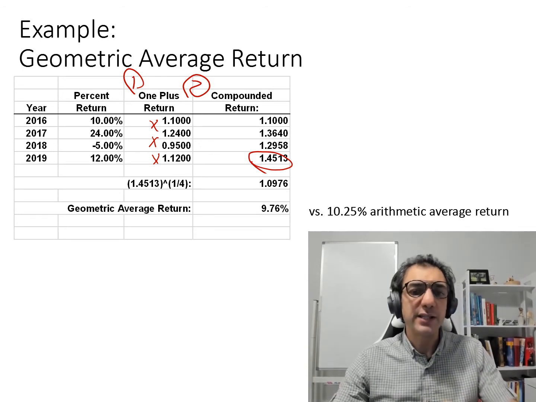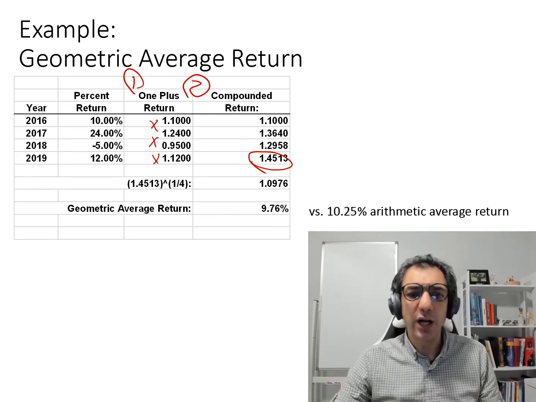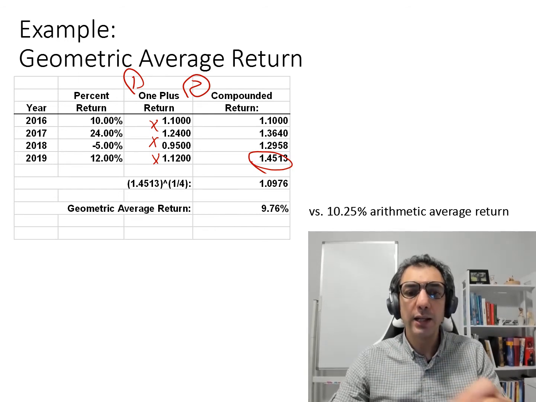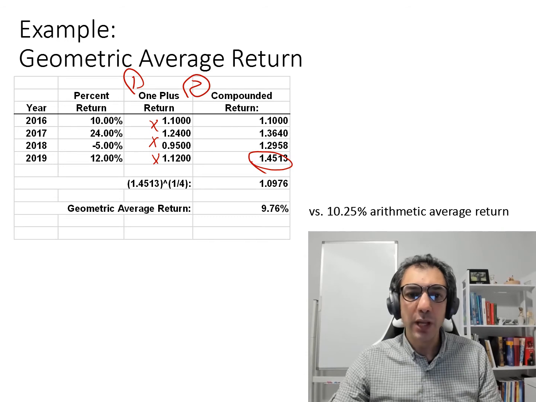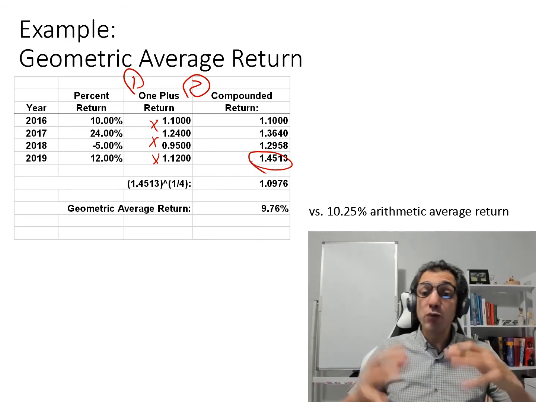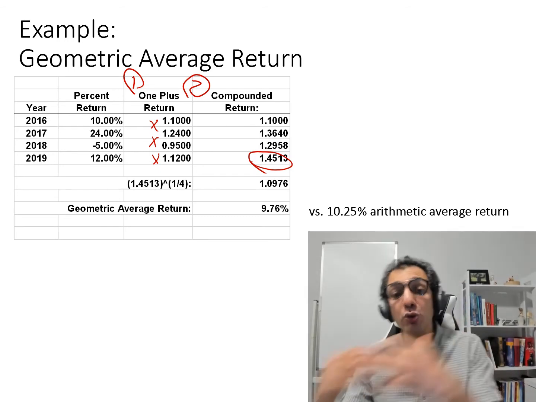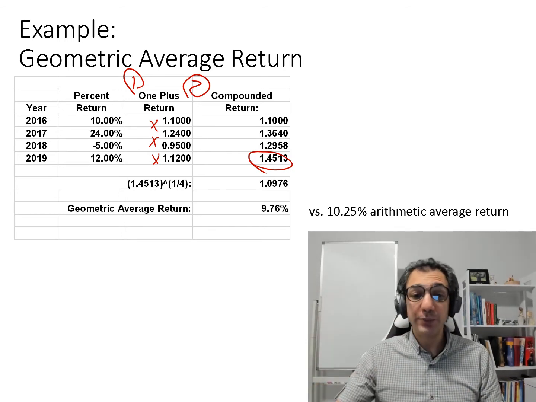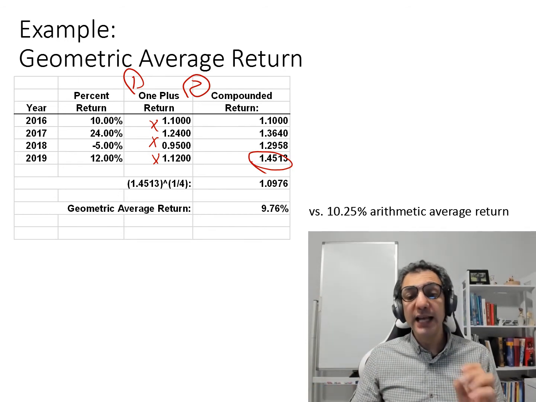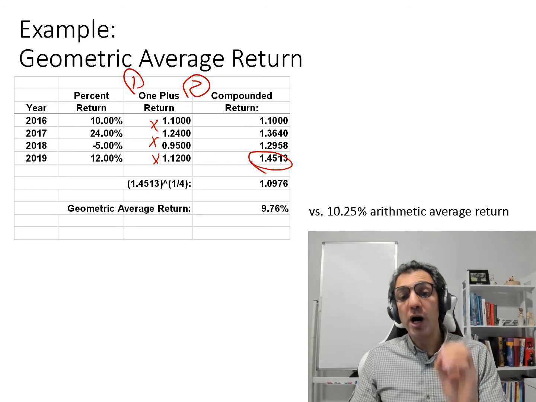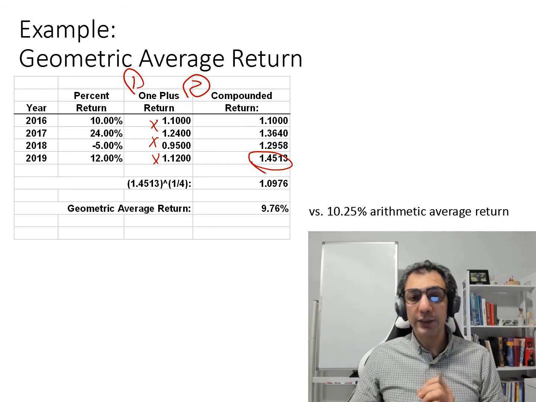So if that's the case, how can I calculate the geometric average return? Remember, you are looking for the annual return. You are not looking for the 4-year period. So you have to find the root of this number.